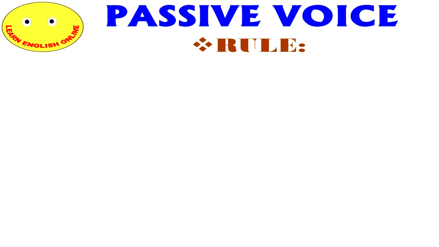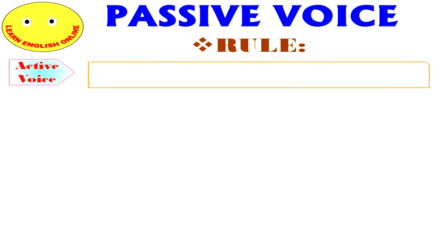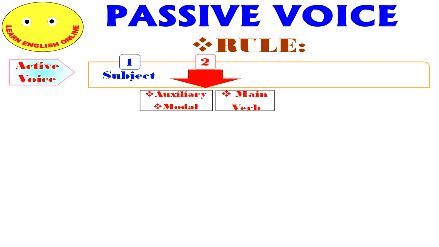Now, let's talk briefly about the rule of the passive voice. The first thing to do is to divide the sentence, which is in the active voice, into 3 or 4 parts. This depends, of course, on the sentence we have. The first part is the subject. The second part is the verb. And sometimes here in part number 2, we can have 2 elements. The first element includes the auxiliary or the modal, and element number 2 is the main verb.